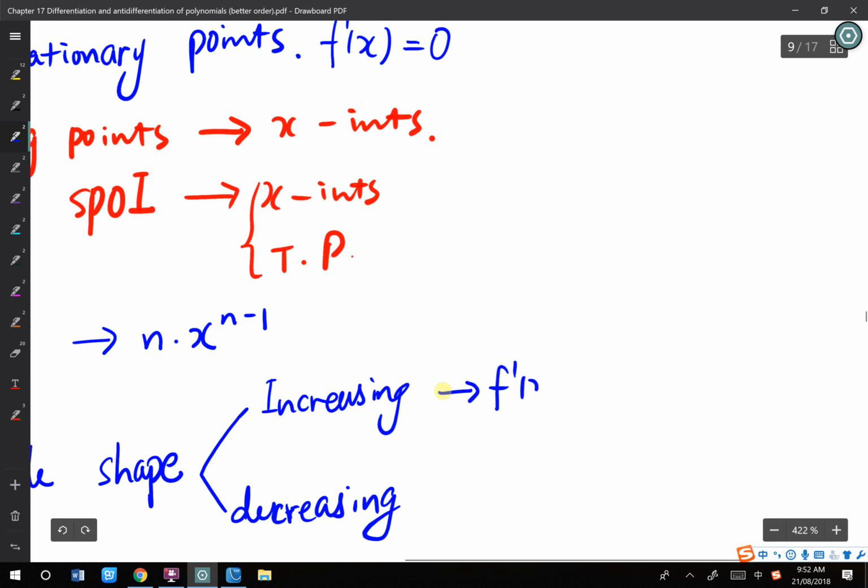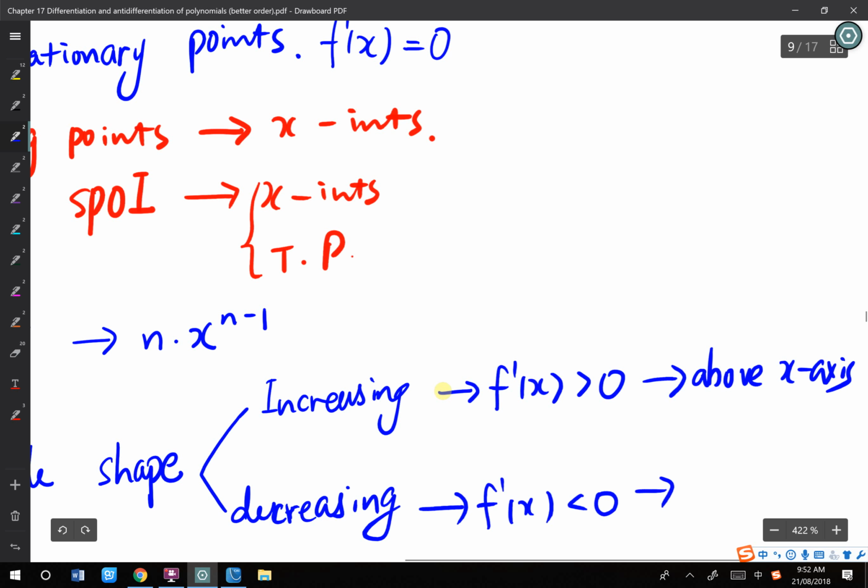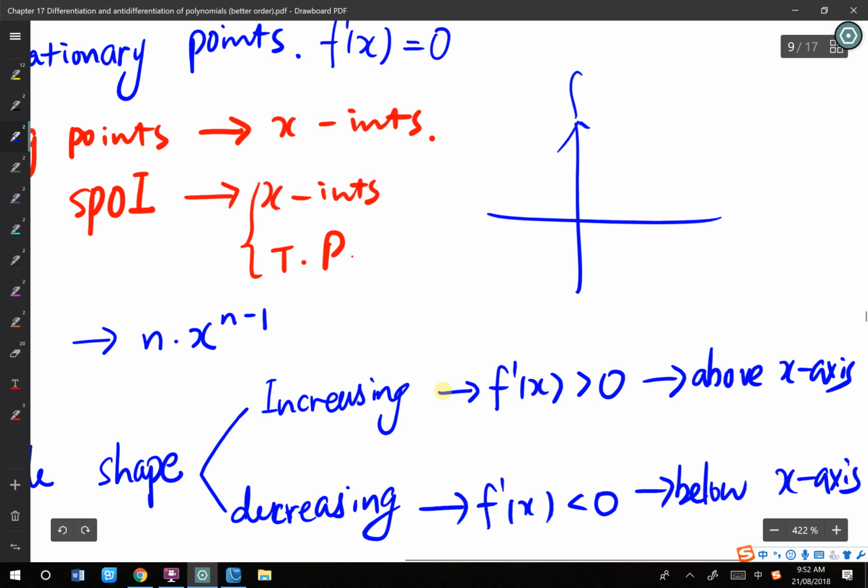That means f dash x greater than 0 if it's increasing, then the graph is above the x-axis. But if f is decreasing, f dash x is less than 0, then it's below the x-axis. So above the x-axis means derivative is positive, below the x-axis means derivative is negative.